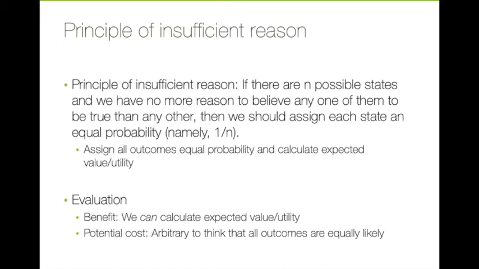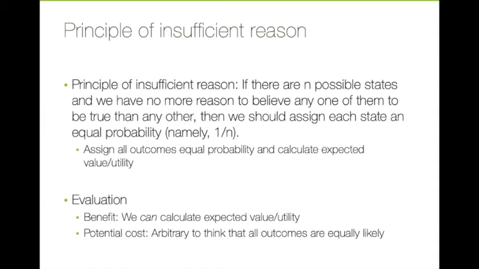That's outcomes per choice. To determine what choice to make, we then actually get to use our expected value or expected utility formulas. Why? We've assigned probabilities to our outcomes. So that's the upside. We get to structure decisions under ignorance as decisions under risk and calculate expected value or utility.